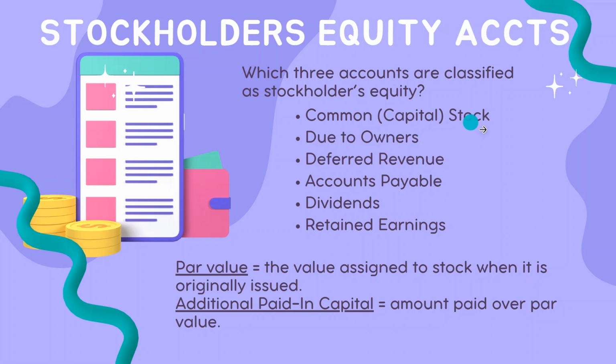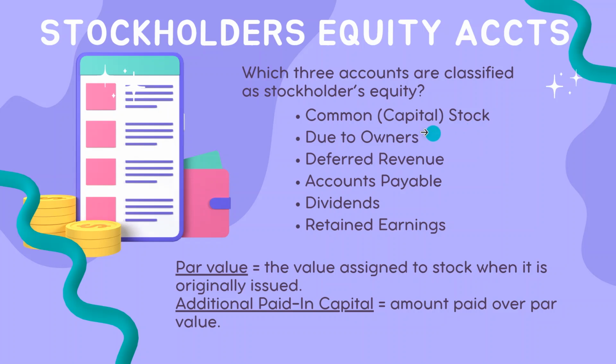Capital stock or common stock is the investment account. So when you sell stock in your company, the stockholders pay money. It increases capital stock with a credit because it's increasing the value of the company, so it's credited, and the cash is debited, which is an asset that's debited. So yes, this is one of them.